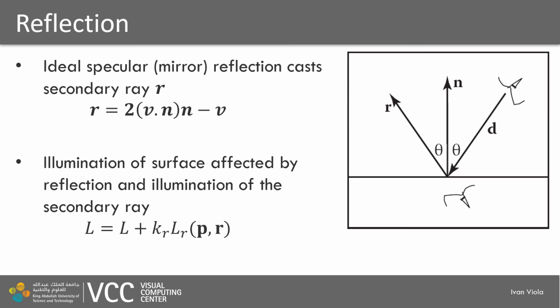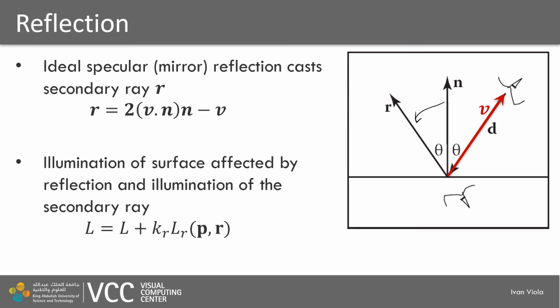So you can see here, this is the viewing direction, and this viewing direction is simply reflected by the same angle theta against the normal vector, and by this we generate the reflection vector. Then with this reflection vector, we simply do the intersection test and perform the illumination of the intersected geometry, and then transfer part of this illumination onto our surface point from which our R vector is emitted.